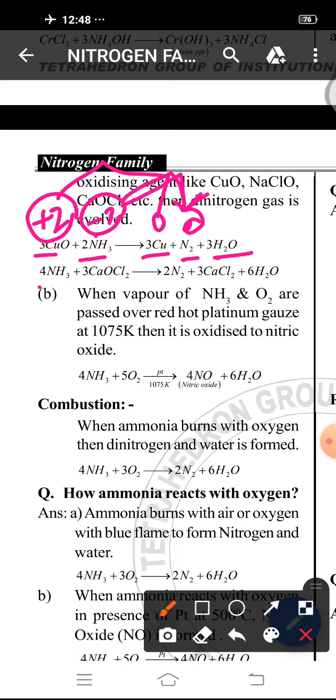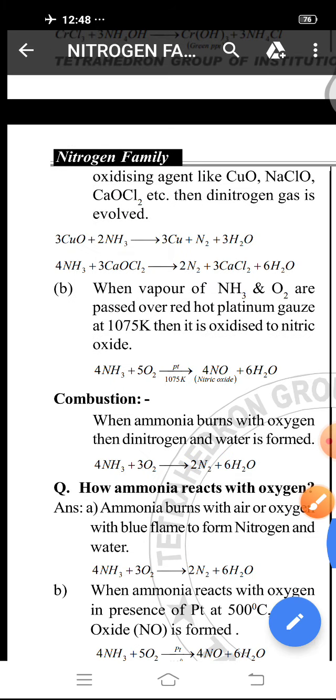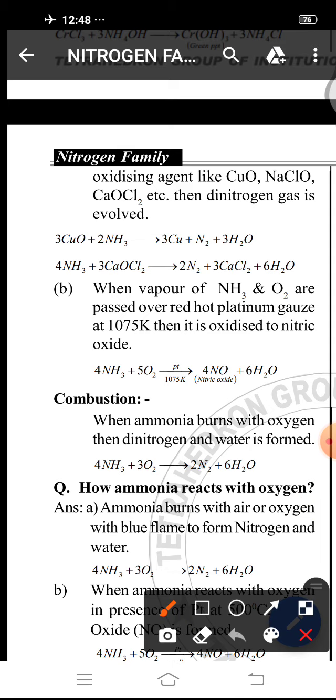Like this, when ammonia reacts with bleaching powder, it forms nitrogen, calcium chloride and water. So these are the oxidizing agents which oxidize ammonia to form dinitrogen and themselves undergo reduction.